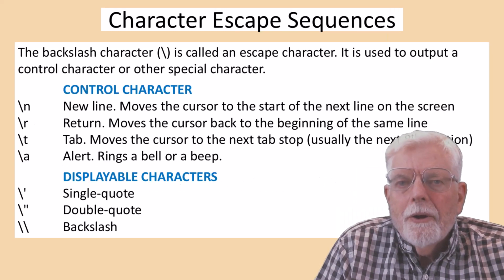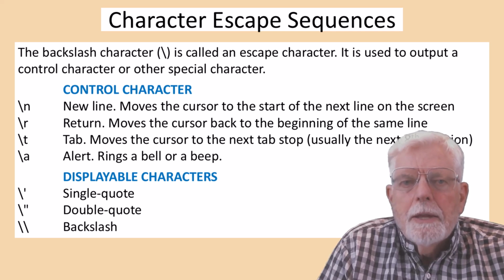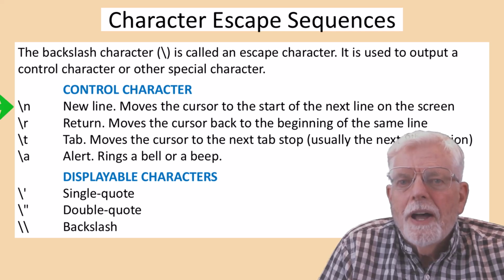Several of the control characters can be inserted into a Java program using what is called an escape sequence. The \ character and an additional character are used to define a control character such as \n to represent new line.